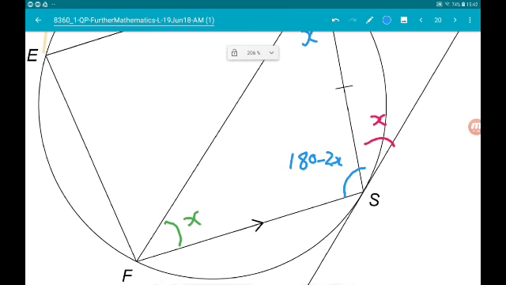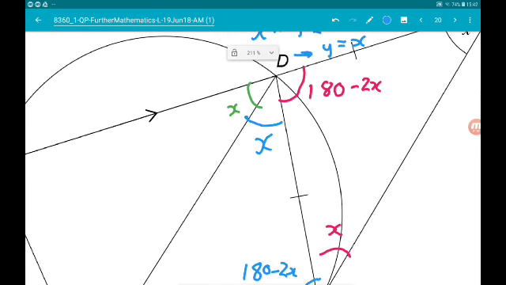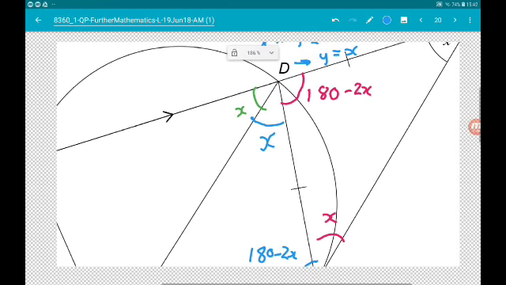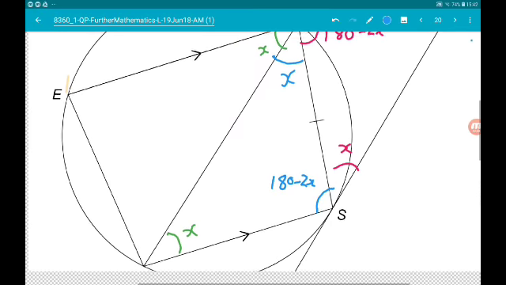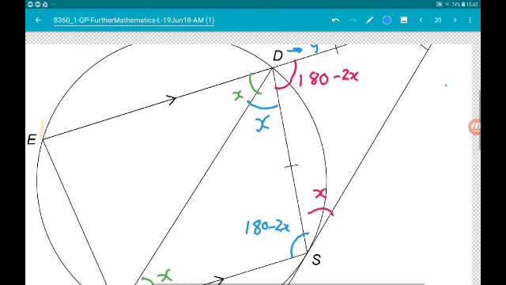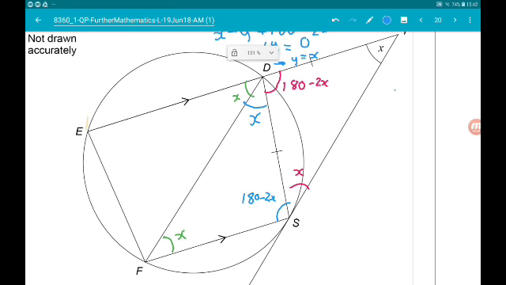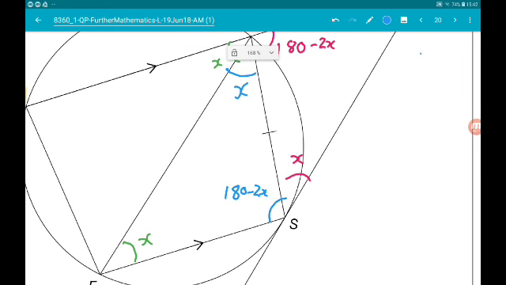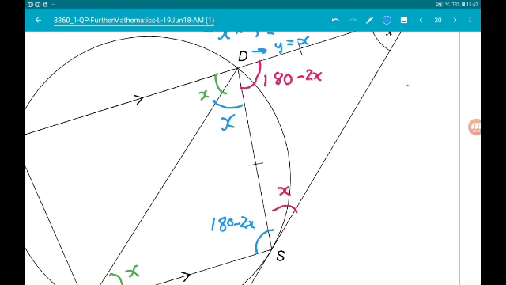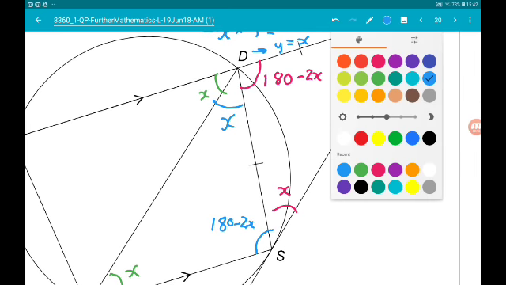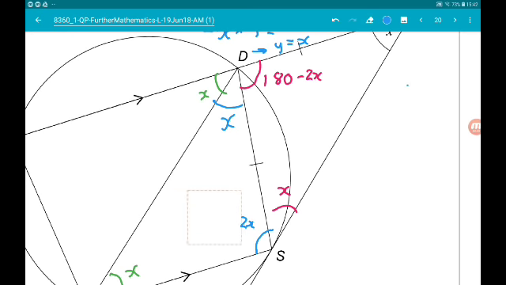Now we got one of those earlier, which is up here. Now remember, what we're trying to prove is that FD is parallel to RST. So, oh hello, we've done it. So we didn't need that last 180 minus 2x.